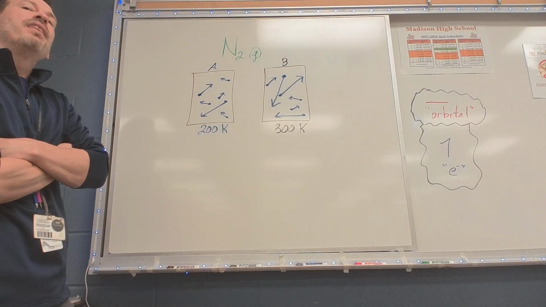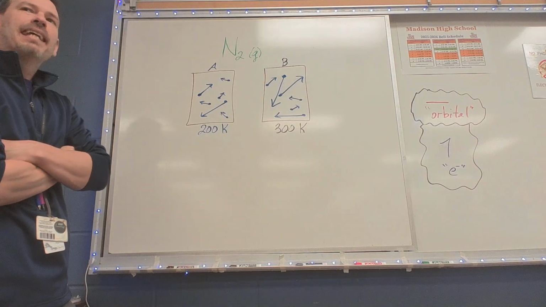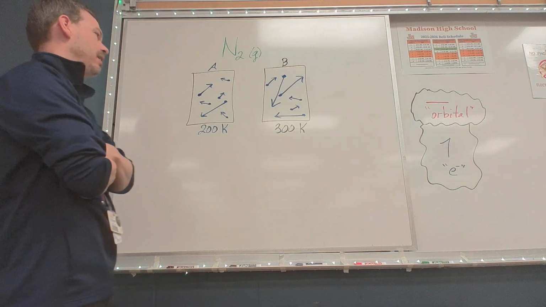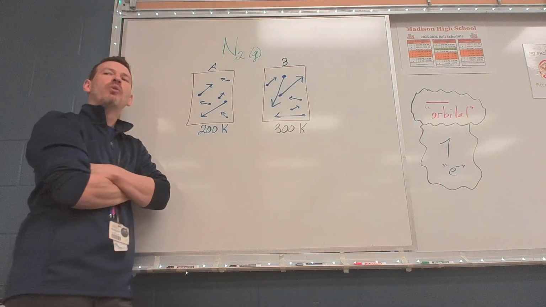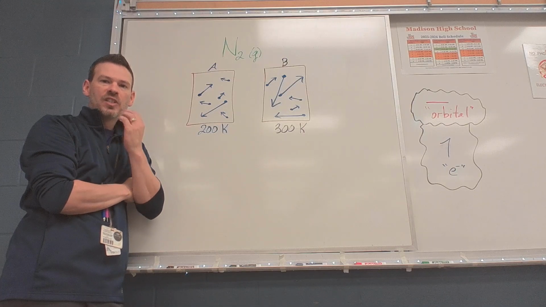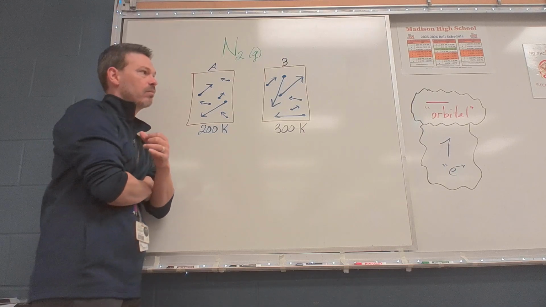The length of the line that I drew with that arrow indicates the speed of the nitrogen.